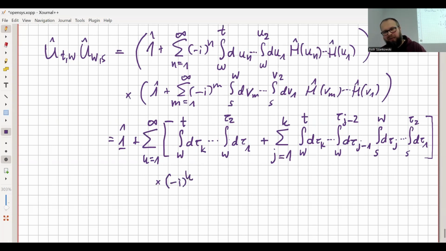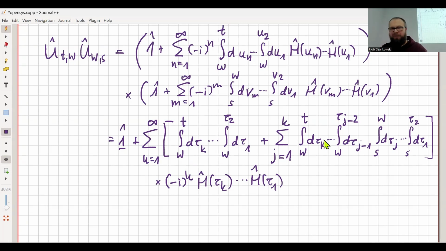Minus i to the k, because there are always k terms. And because we kept track of the indices, the product of operators is just simple, like this, okay? Just from k to 1. But the integrals are all messed up. So this is the product.